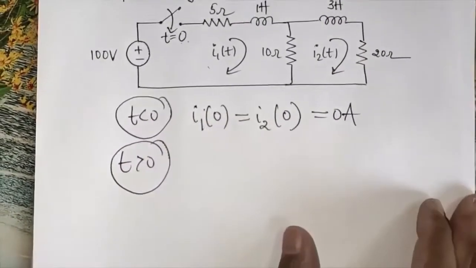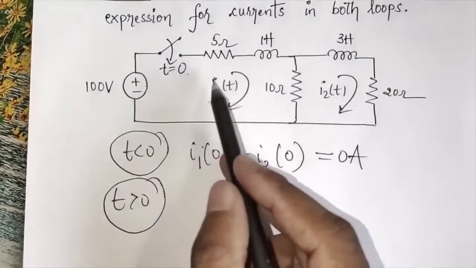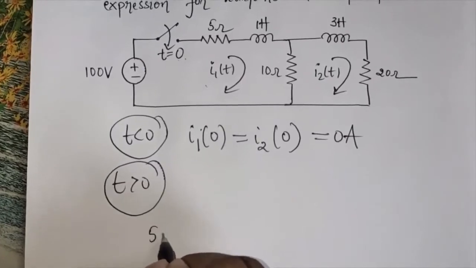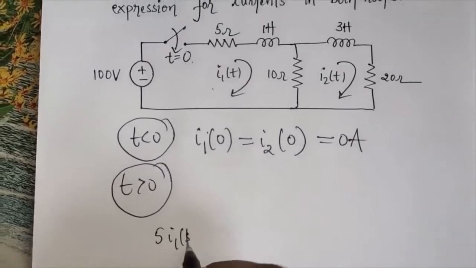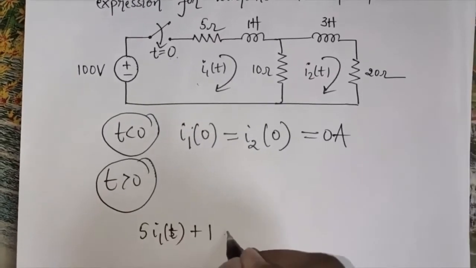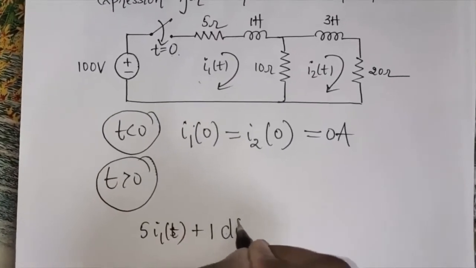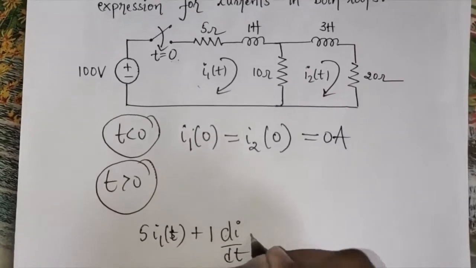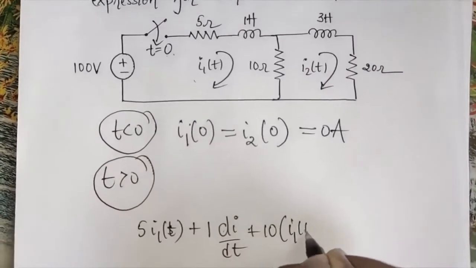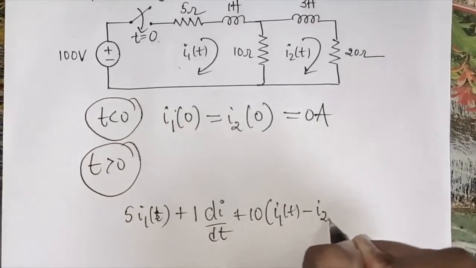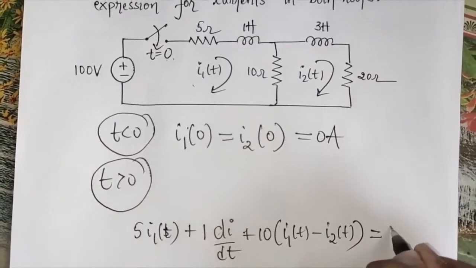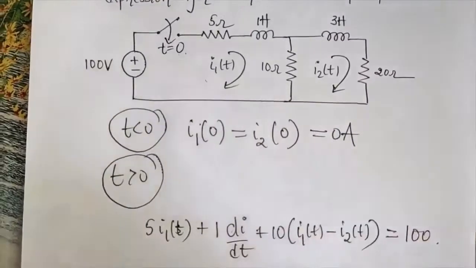When I apply KVL, I get 5 into I1 of t plus 1 into di1 by dt plus 10 into I1 of t minus I2 of t is equal to 100.